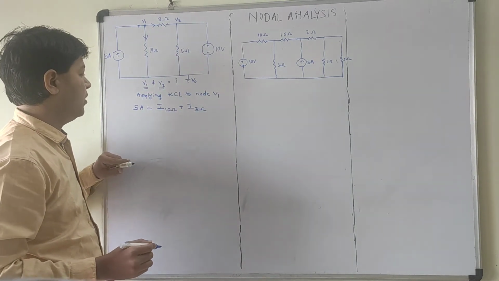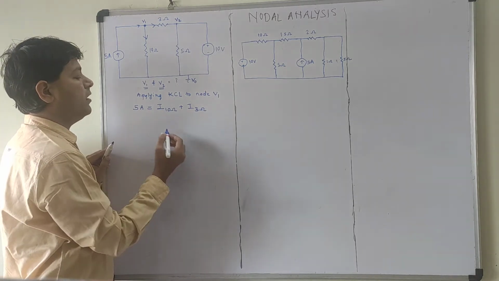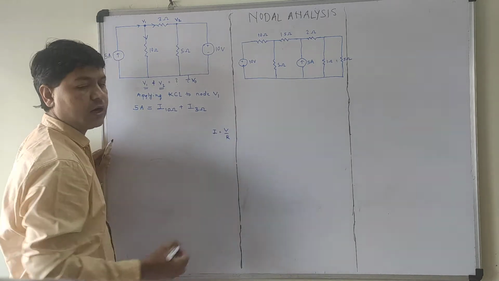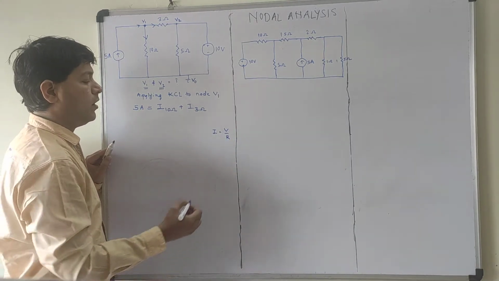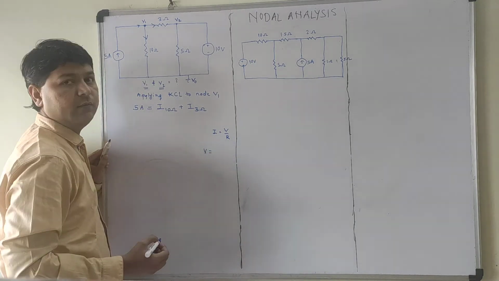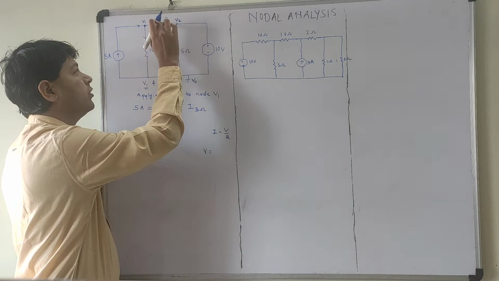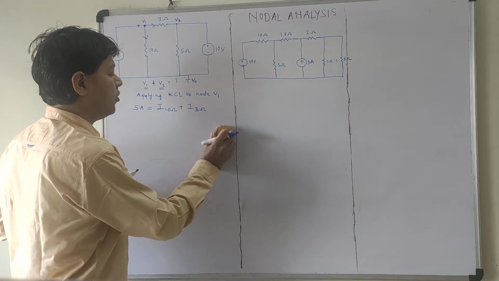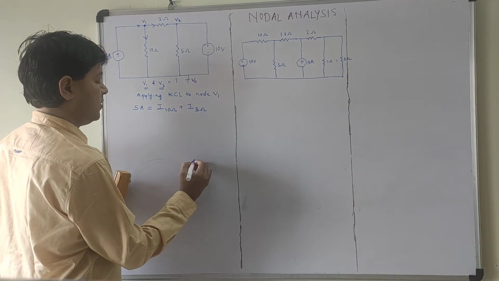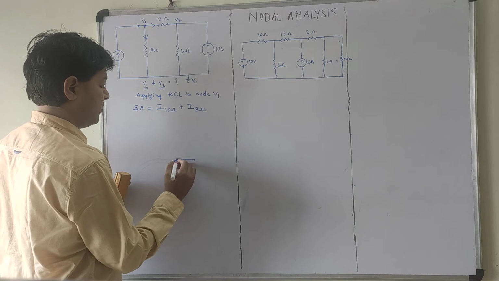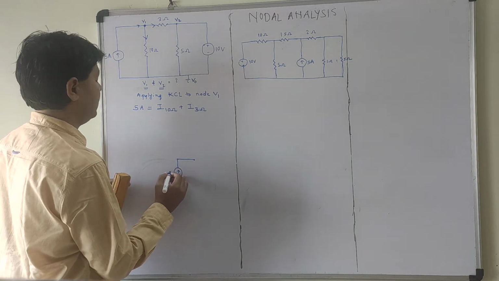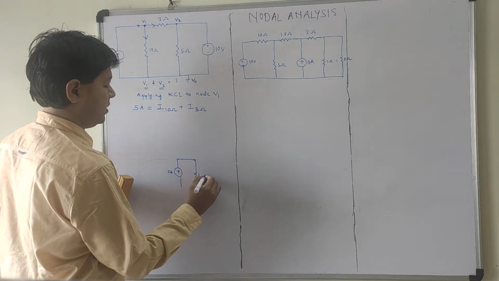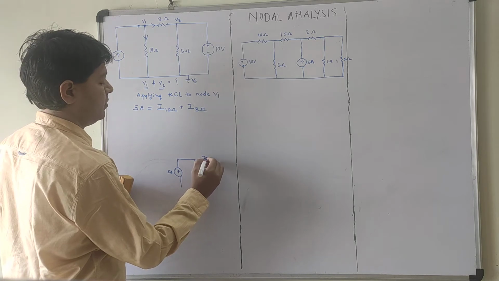Now we all know by Ohm's law that I is equal to V upon R. And V is potential difference, that is, current always flows from higher potential to lower potential. So if I draw this node here, at V1, the current source is flowing like this, having 5 ampere, then there is a 10 ohm resistor, and then there is a 3 ohm resistor.